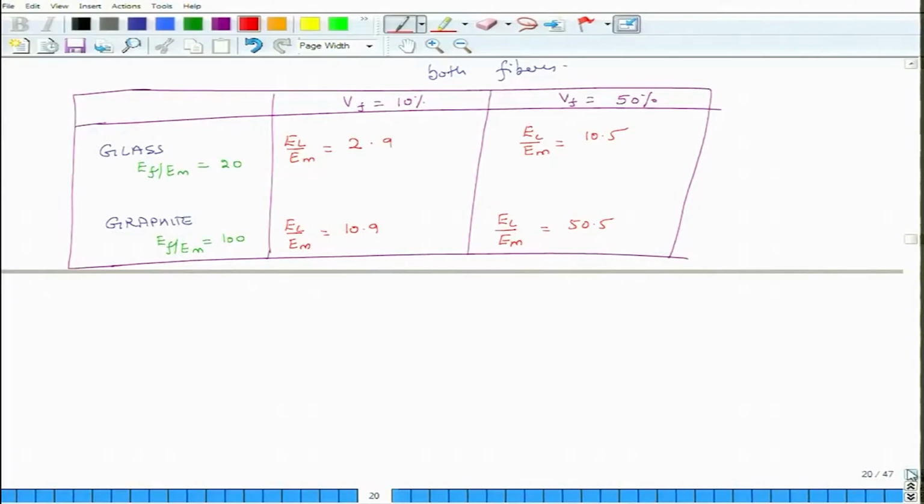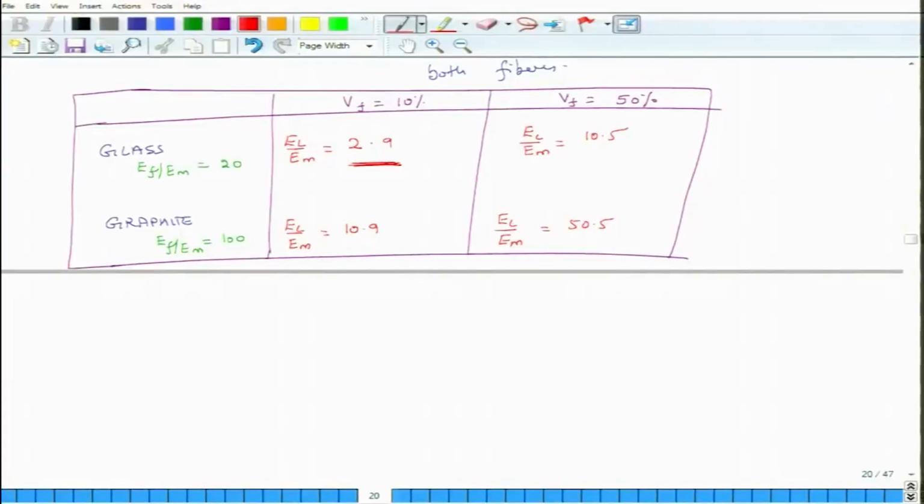So, a couple of observations. I mean these are simple calculations, but a couple of important observations. Even if I put a 10% glass fiber in the matrix material, just 10%, it is not that we have to put a lot of glass fiber, just a small amount which is 10%, it increases the modulus by almost 3 times, and glass is not that stiff compared to graphite. Okay. Glass is only 20 times stiffer than matrix, graphite is 100 times stiffer.